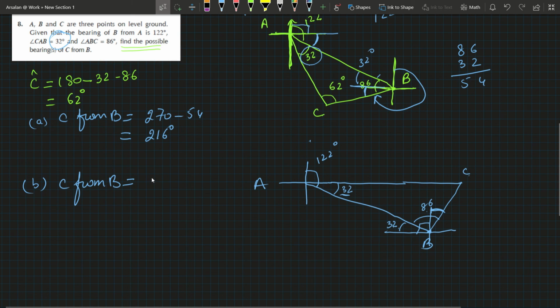The working is simple. 86 is the triangle angle, plus 32 is the horizontal line angle, and then minus 90 degrees, in which we are subtracting this quadrant from the final answer. So 86 plus 32 minus 90, your answer would be 28. You can use your calculator, and because it is 28, the final answer will be 028 degrees.